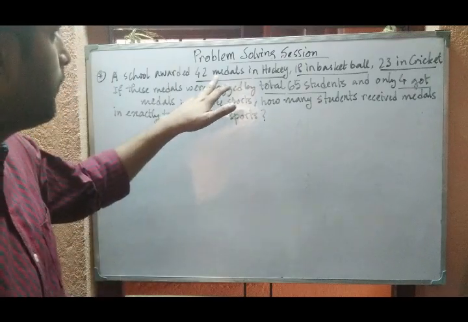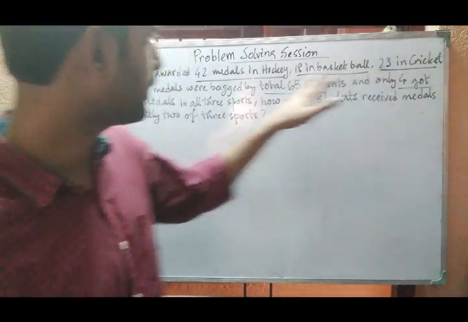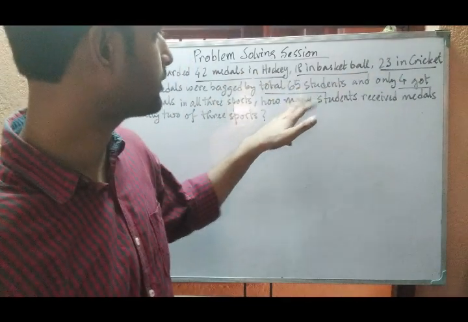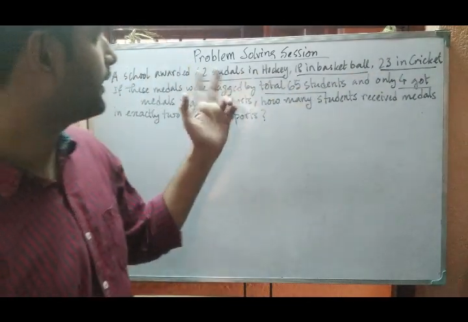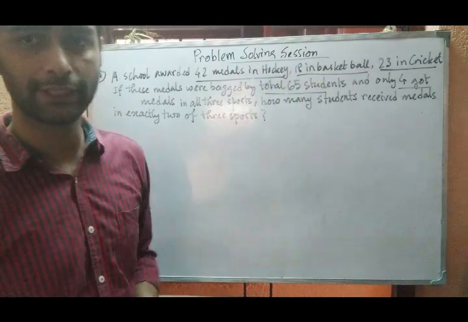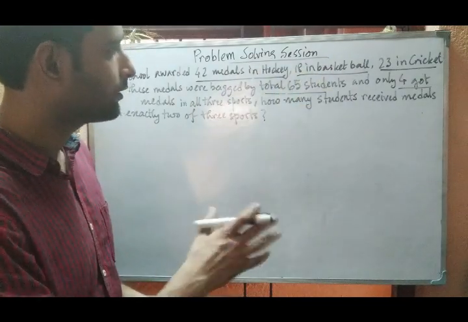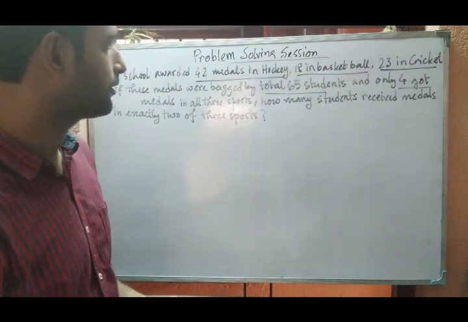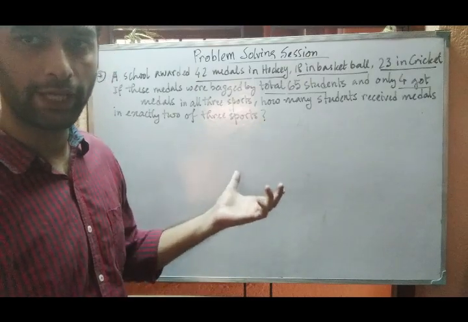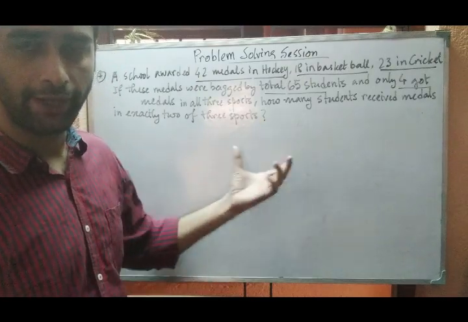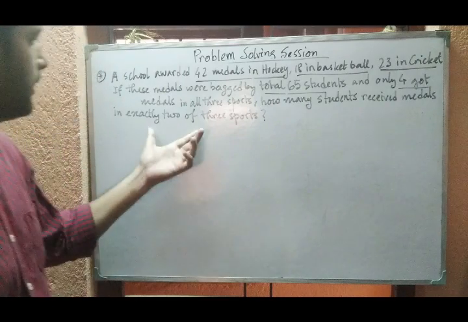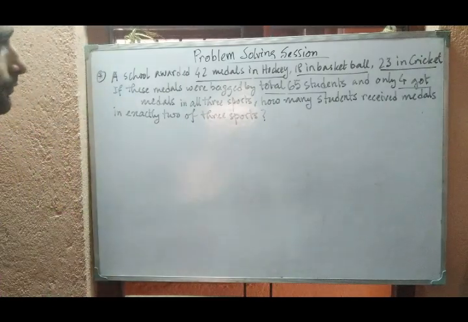And clearly you can see for each of the sports the total number is much more than this 65. That means there are intersections of any 2 sets, and of all 3 sets. So applying the formula for A union B union C, we will find the required answer here.